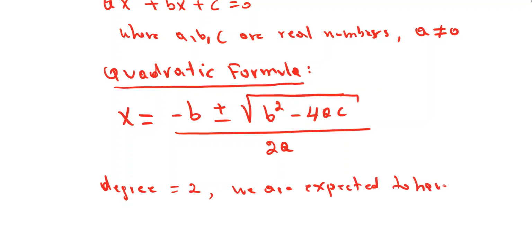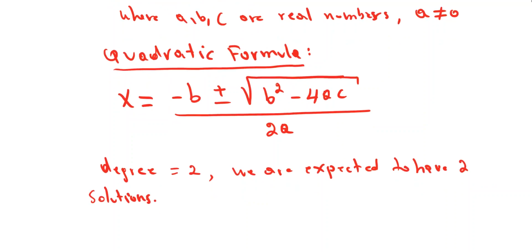That's why you see in the quadratic formula that plus or minus. This plus or minus basically tells you that as you're solving a quadratic equation, you should get 2 solutions.